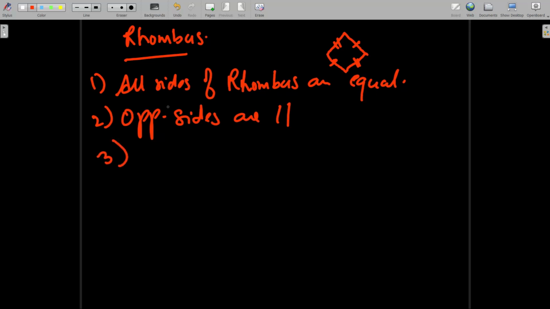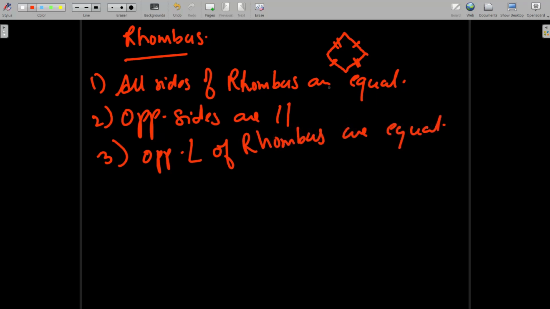And another important thing is that opposite angles of a rhombus are equal. Let me change the color. So if we say this one is equal, and likewise the remaining angles, this one and this one are equal.